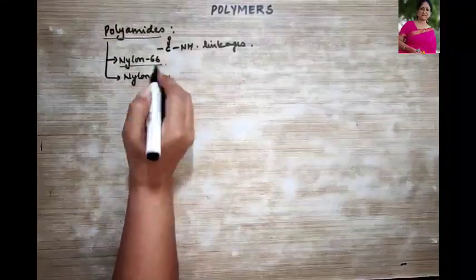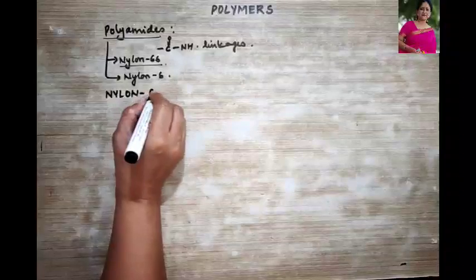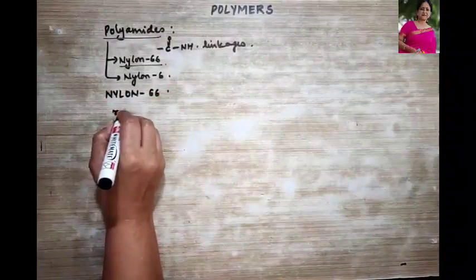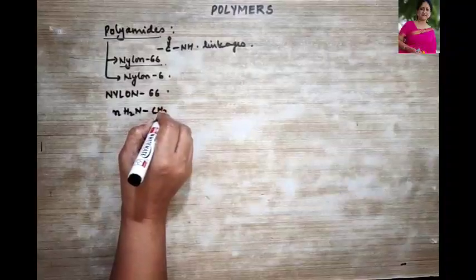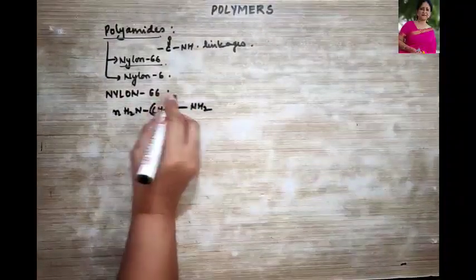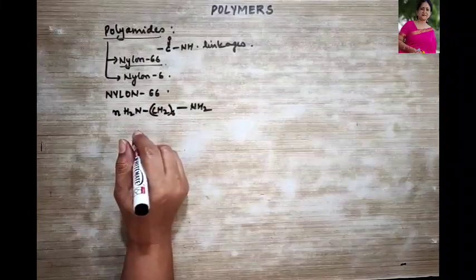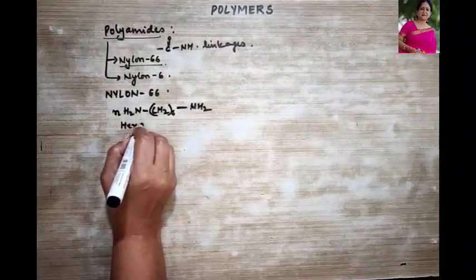So let us do nylon 66. H2N CH2 whole 6 NH2, hexamethylene diamine. I have given it to you in the previous classification also.